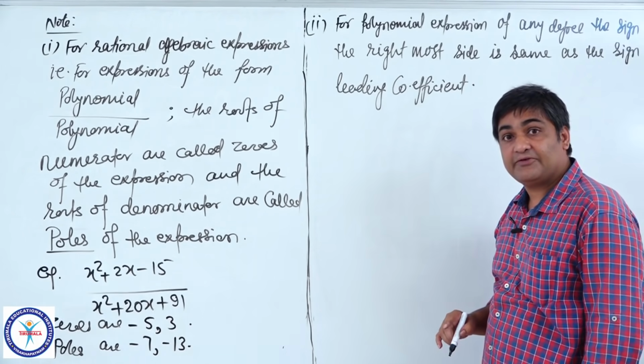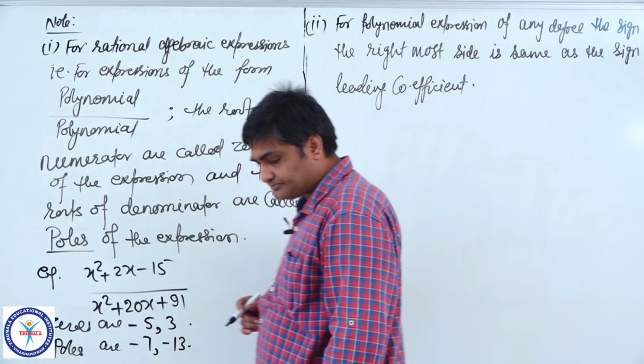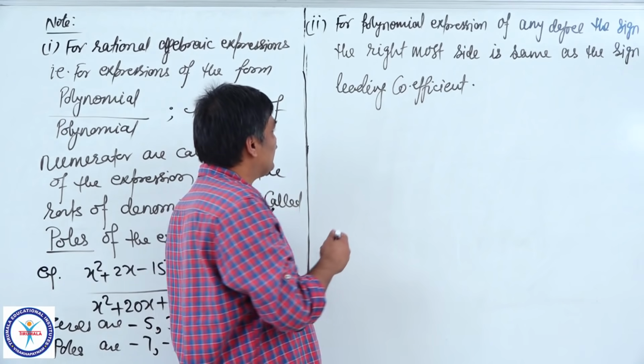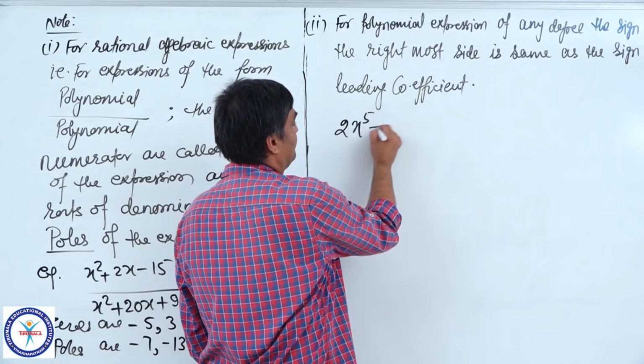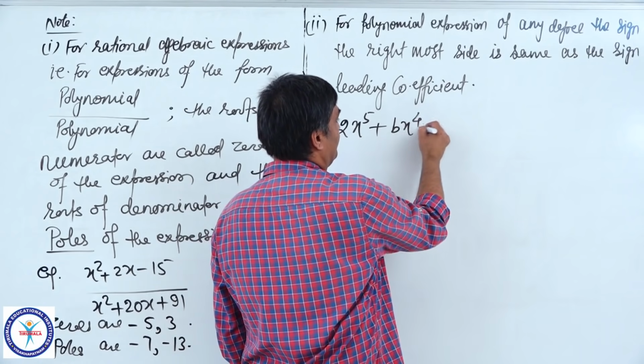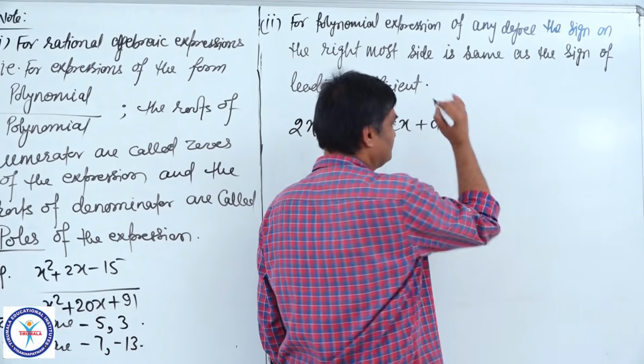Leading coefficient means coefficient of highest power. For example, suppose it is like 2x power 5 plus bx power 4 plus cx plus d.